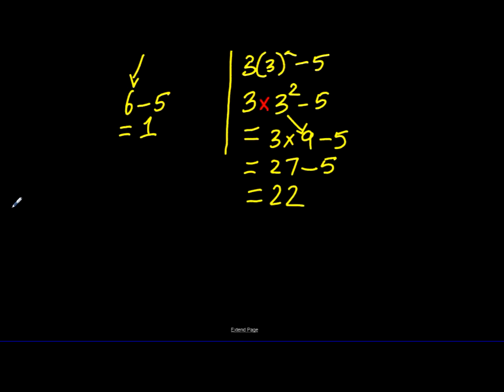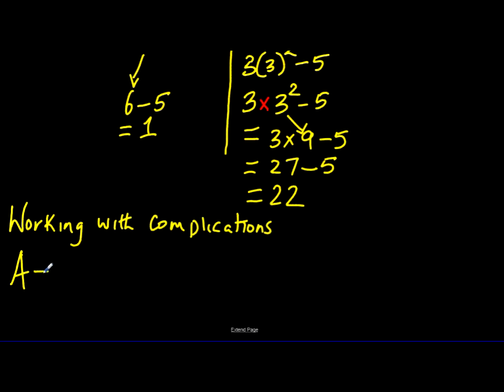So let's look at another example, and we're working with a more complicated example. So working with complications. So we have a equals b squared plus c squared, and we want to evaluate when b equals 2 and c equals 3.